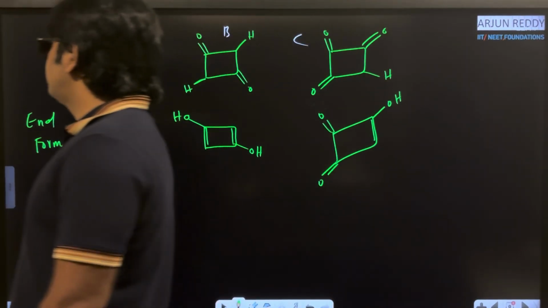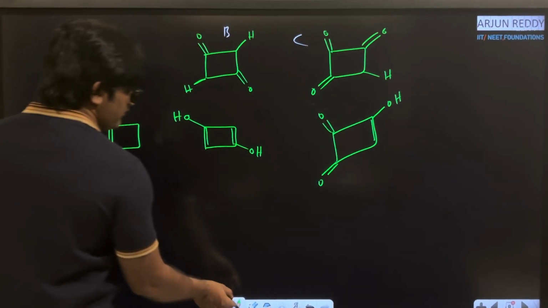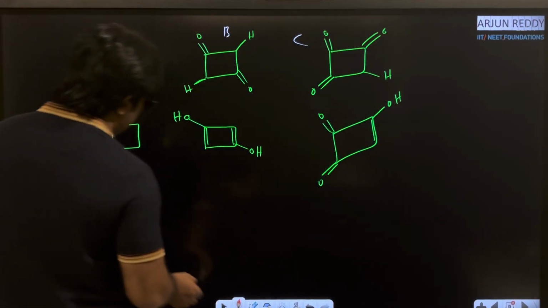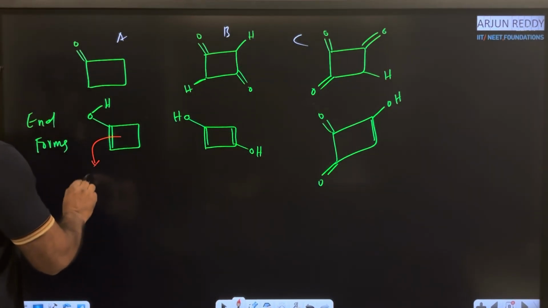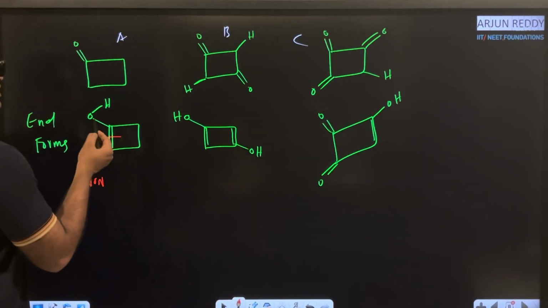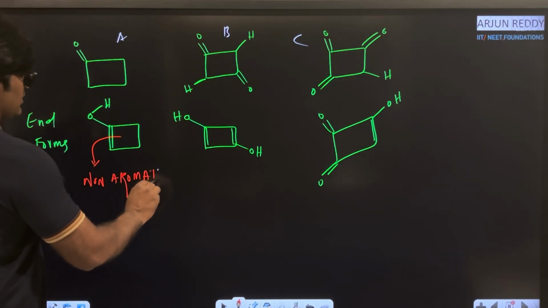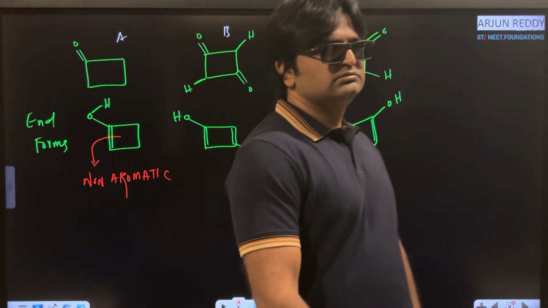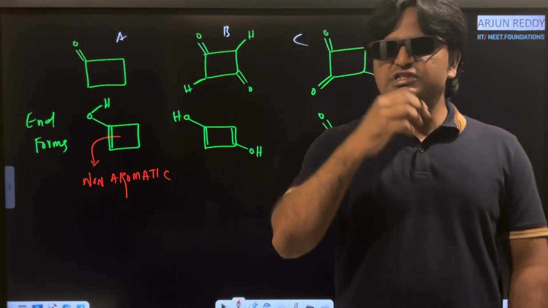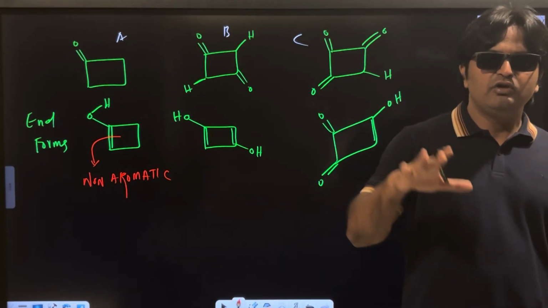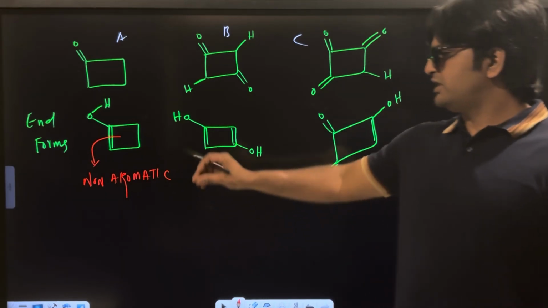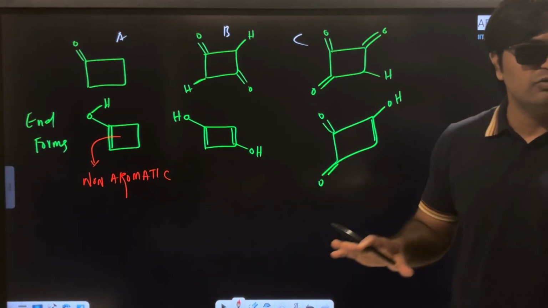From the concept of aromaticity, what type of compound is this? Please tell me. This one is a non-aromatic compound. In general organic chemistry, we will make a great video on aromaticity, so directly I am writing like this. I am not giving any rules.